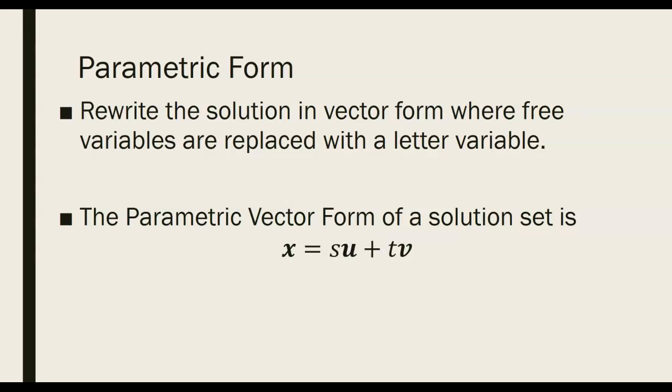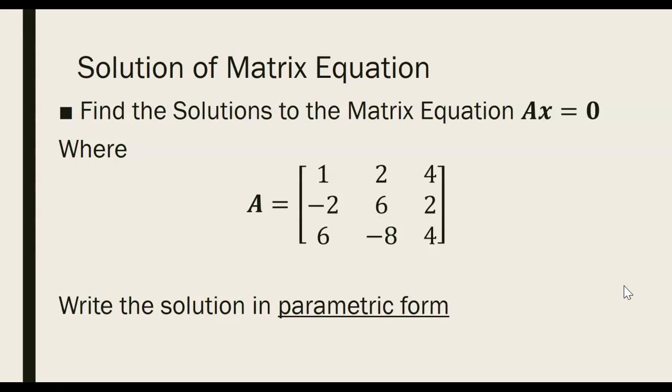So let's go ahead and do that with the matrix equation we just solved. We just solved the matrix equation AX equals 0, and we're going to write our solution now in parametric form. What I like to do when I do this, I think general form is very straightforward, so a lot of times I'll write the general form first, and then from that, extrapolate to the parametric form.